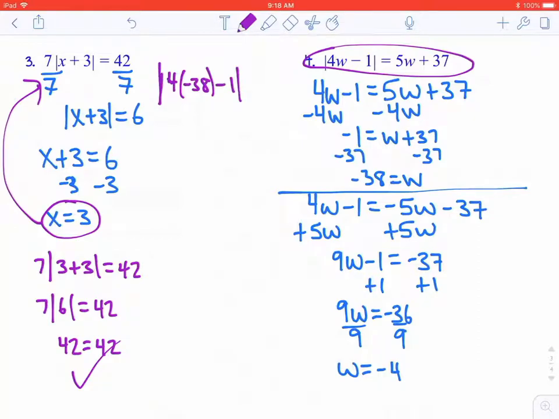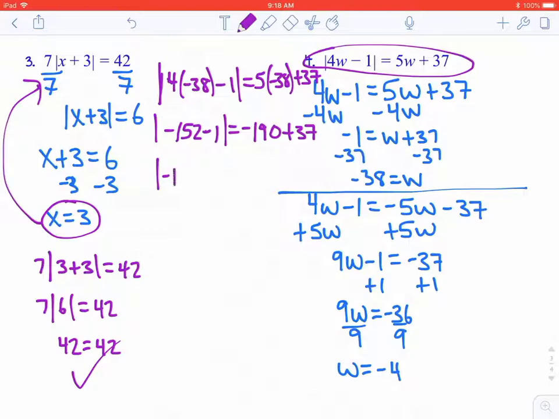And I have the absolute value of that equals 5 times negative 38 plus 37. So 4 times negative 38 is negative 152 minus 1, equals, and then 5 times negative 38 is negative 190 on the other side, plus 37.